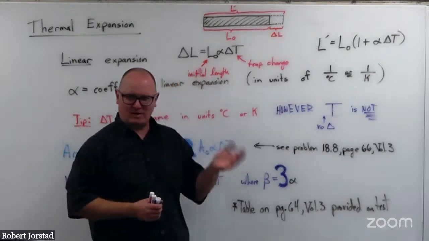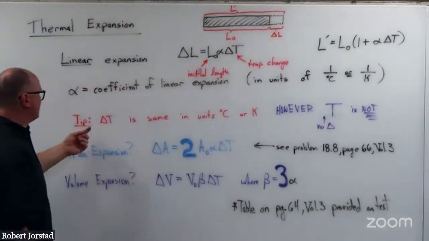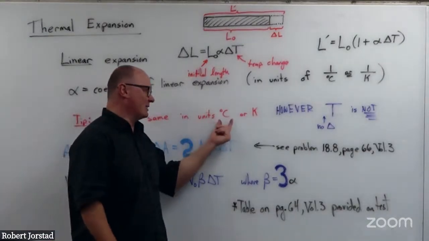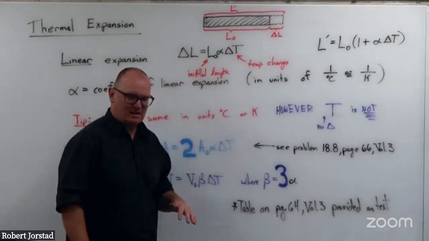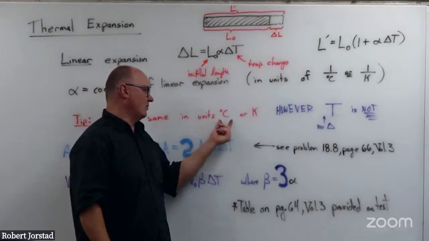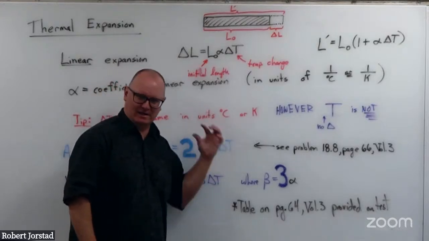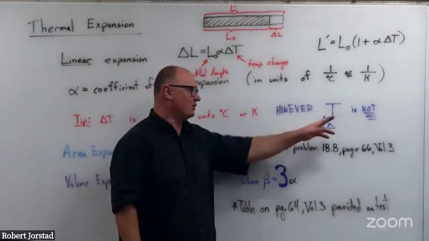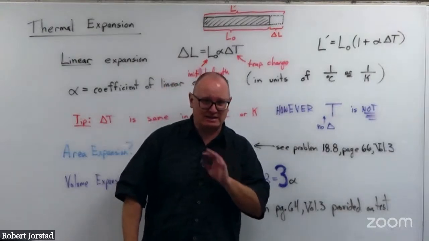Now you might be saying, wait, I thought we were supposed to use Kelvin. Turns out, if you're talking about temperature changes, the increment size of the Celsius scale and the Kelvin scale are the same. So a 1 degree Celsius increment is the same as 1 Kelvin increment. That's not true if we're just talking about temperature, right? 30 degrees Celsius is not 30 Kelvin.